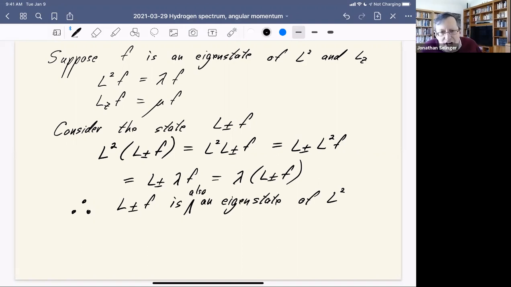Now we have another eigenstate of L squared, and with the same eigenvalue lambda. Okay, so if we have one eigenstate of L squared, this will generate another eigenstate of L squared with the same eigenvalue. Okay, what about LZ?